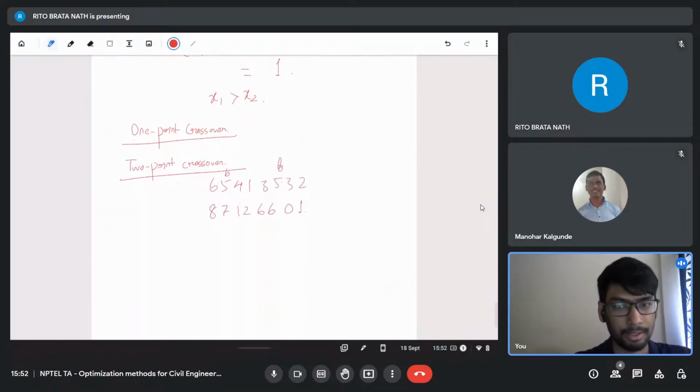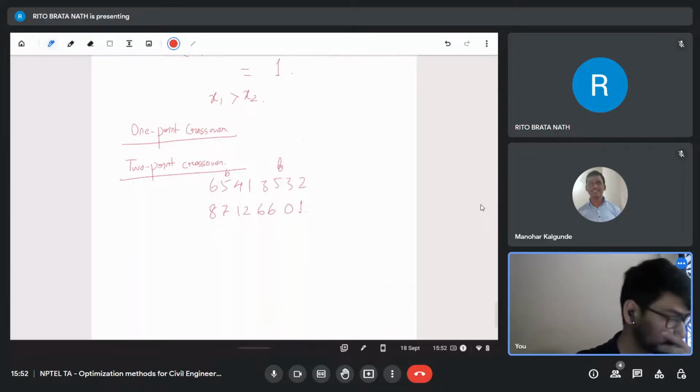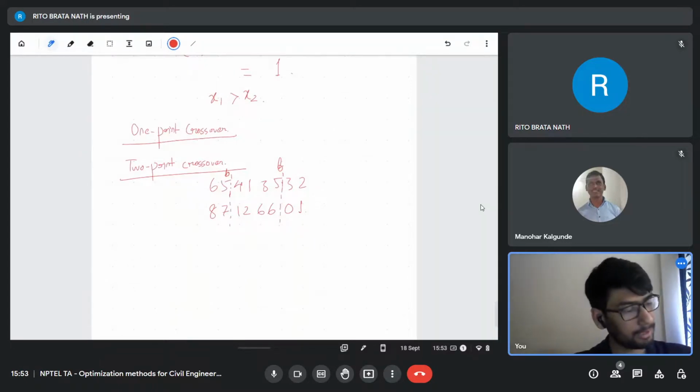For a 1 point crossover, if it was given as B, you would have broken from here and replaced everything from there onwards. Now you'll do a similar thing: break it after this B and this F, and this portion as well. We'll just flip those around.